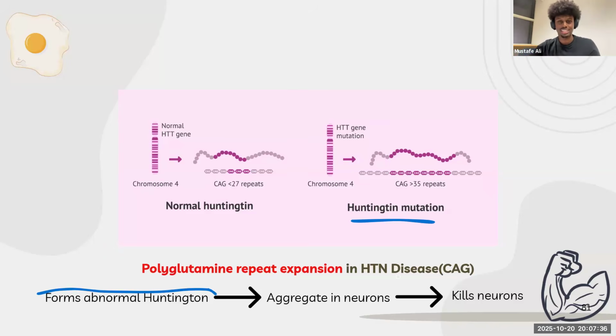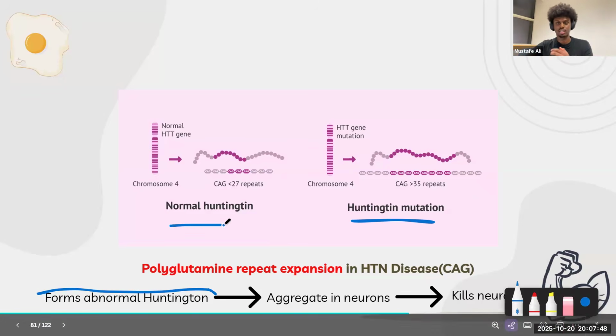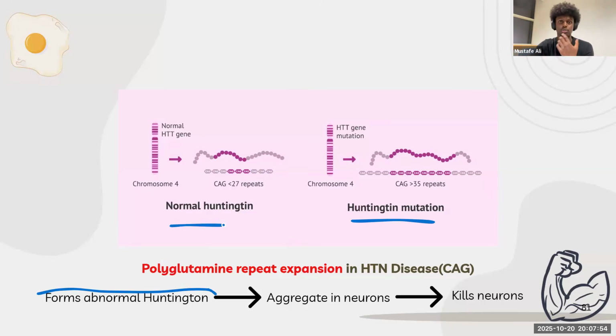The reason why this happens is because there are more codons that code for glutamine, sorry, that are incorporated into the Huntington protein. So in a normal person, let's say there would be like five glutamine inside of a normal Huntington protein. In a person with Huntington disease, they would have like 30.